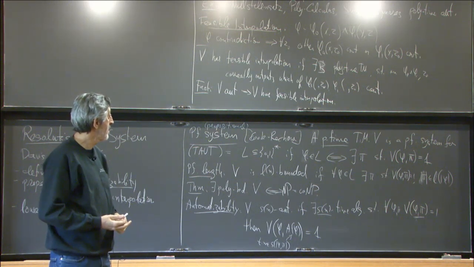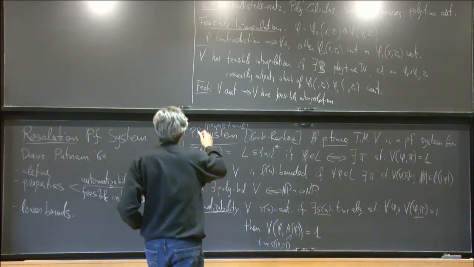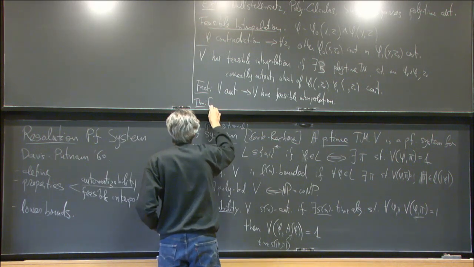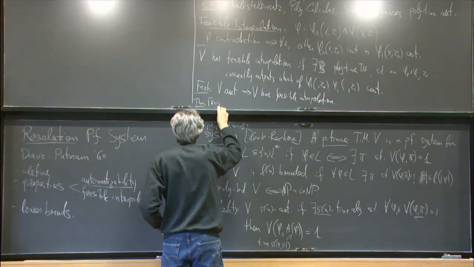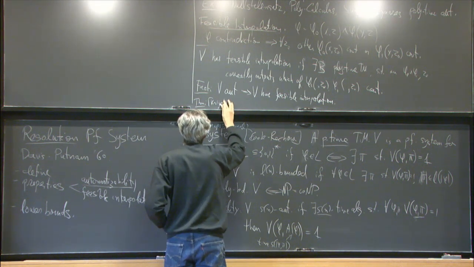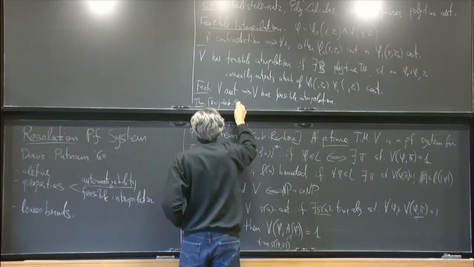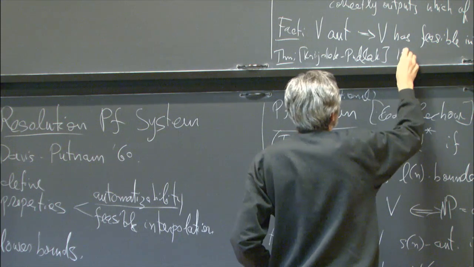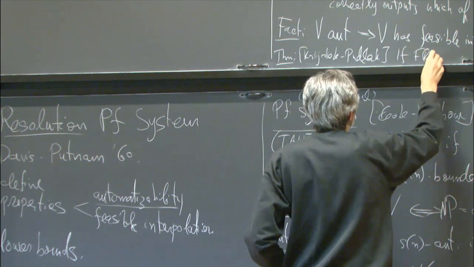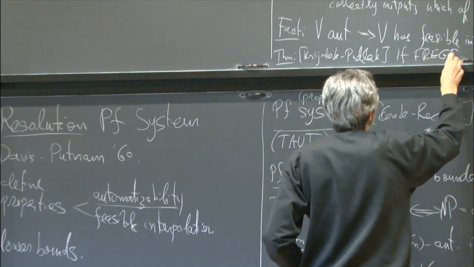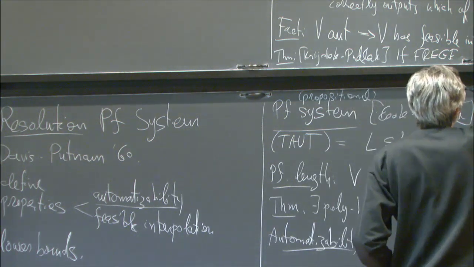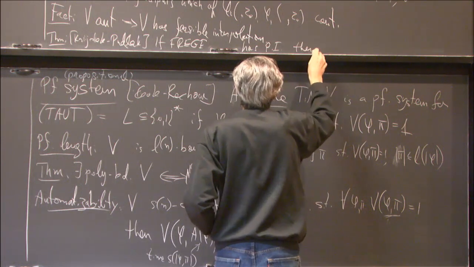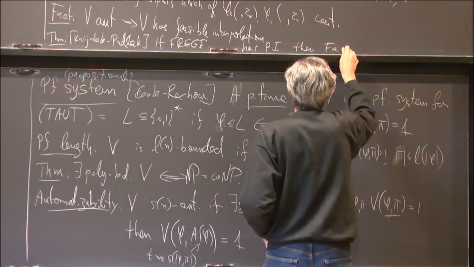Theorem, Krajíček and Pudlák: if the Frege proof system has polynomial interpolation, then factoring is in P.